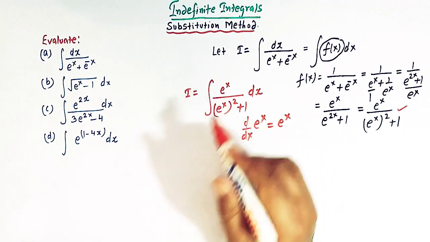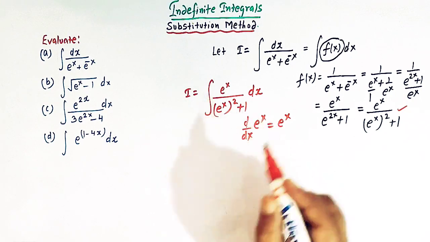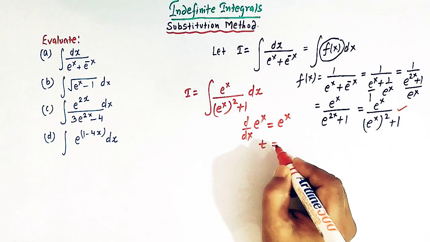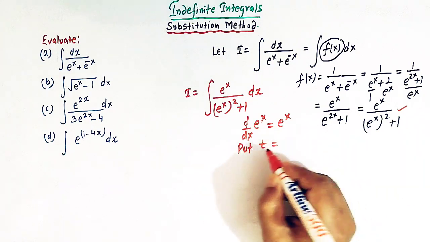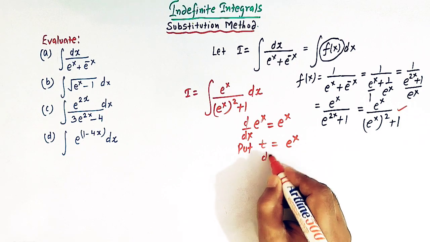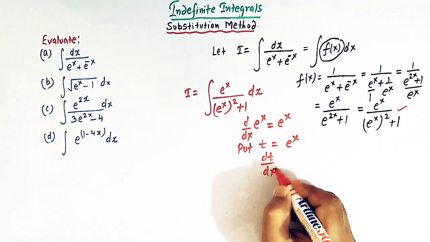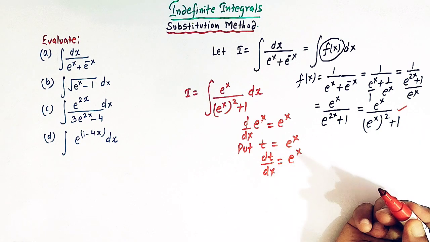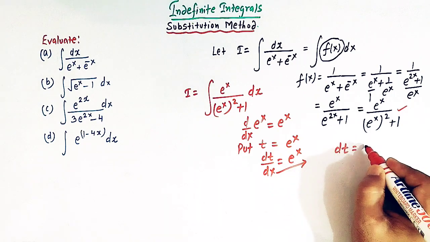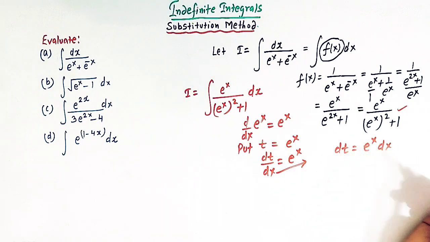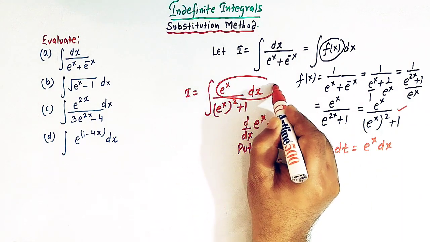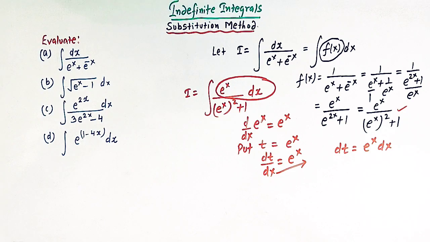So here we can now make an important substitution by introducing a new variable, say t. We'll substitute t is equal to e raised to x. So the derivative dt over dx is simply e raised to x, and now taking dx to this side, we have dt is equal to e raised to x dx. Now here in the numerator we have e raised to x dx.